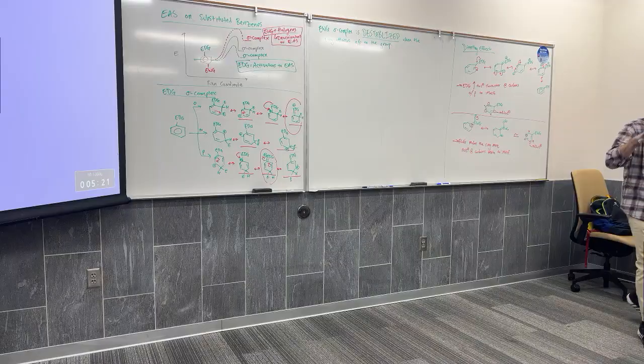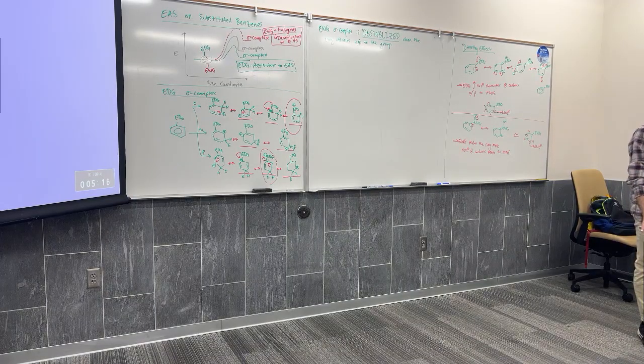Electron donating groups stabilize the sigma complex if the ring has acted ortho or para to itself. Electron withdrawing groups destabilize the ring.